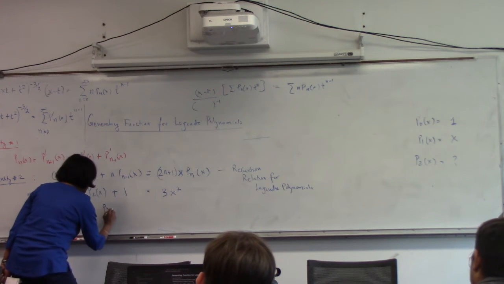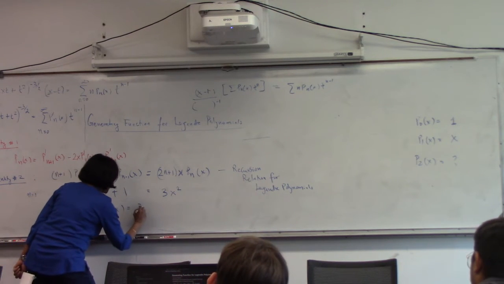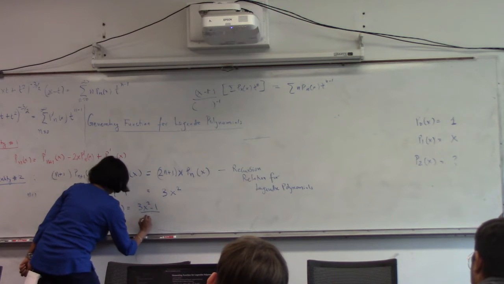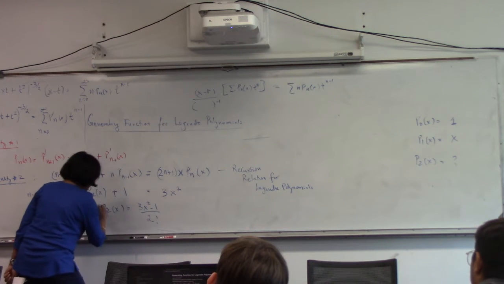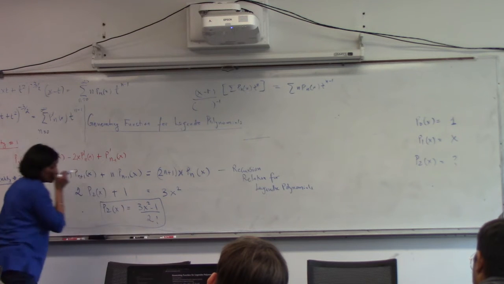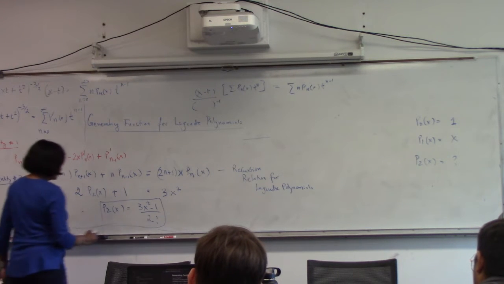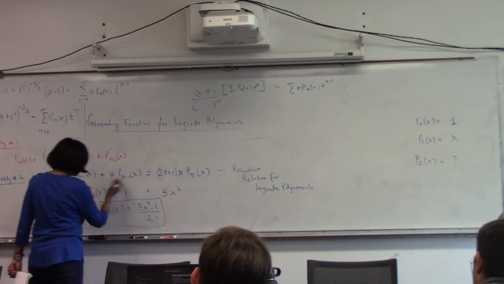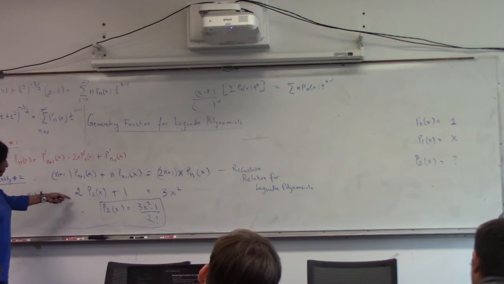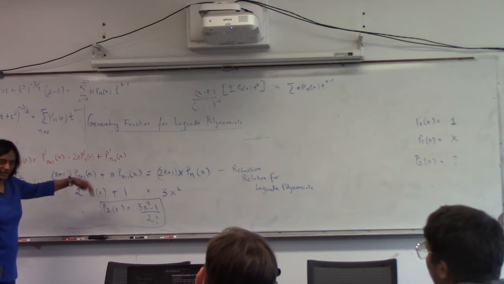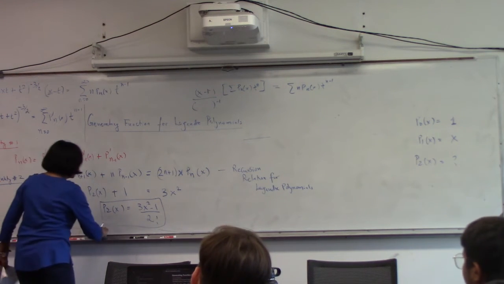So P2(x) is (3x squared minus 1) over 2, which is 2 factorial. So it gives you automatically also the normalized Legendre polynomials. Now that you know P1 and P2, you can use this expression to calculate higher order ones. So that is the usefulness of that.